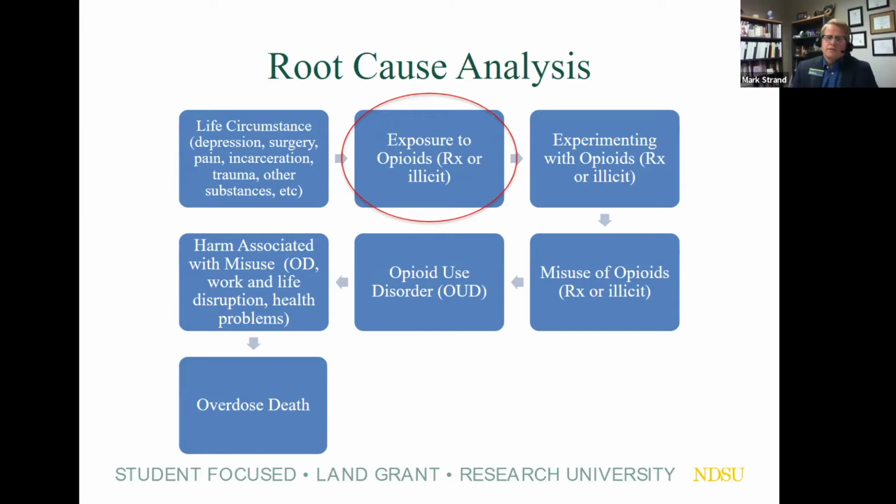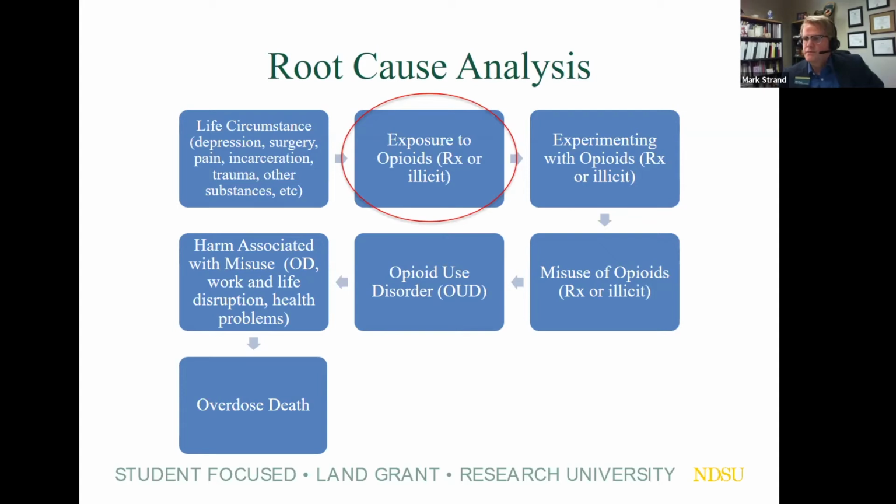Trauma and other substance uses can be the starting point in a life circumstance that results in being exposed to opioids, either prescribed or illicit. Upon exposure, we know that a portion of those individuals are going to have that positive, from their own perspective, experience that results in their experimenting with opioids in an unsafe or an illegal way.